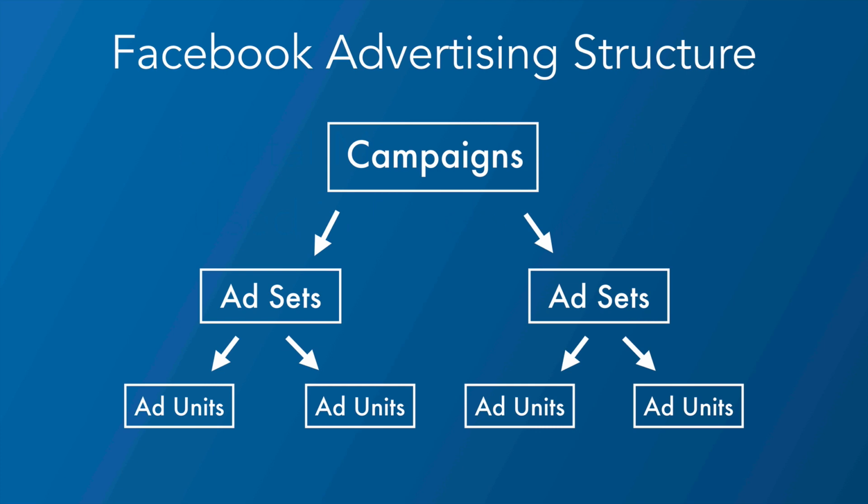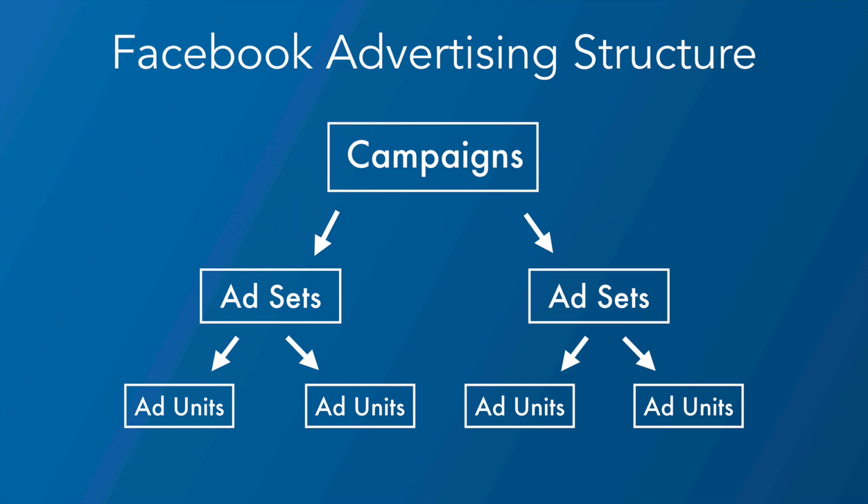Let's say you want to create a lead generation campaign, a brand awareness campaign, or a campaign to increase traffic to your website. This is all grouped under campaigns, and it is the highest structure within your account. You can have 5 different campaigns inside your Facebook account.